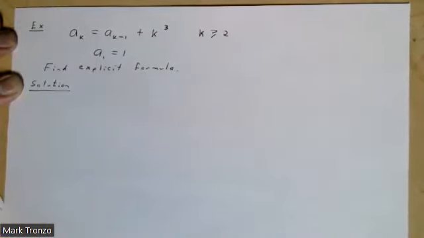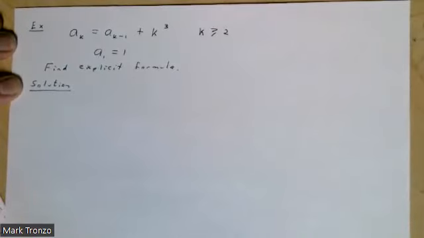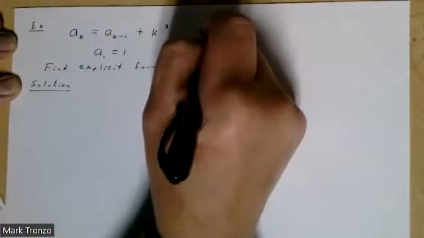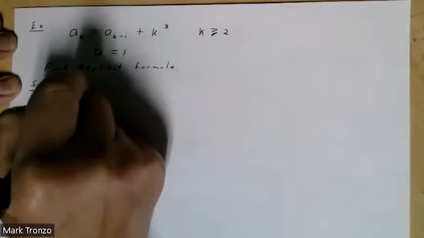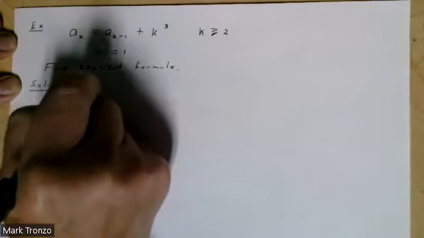Once again, we're given a recurrence relation, and we want to find the explicit formula. Just as before, we'll find the pattern.